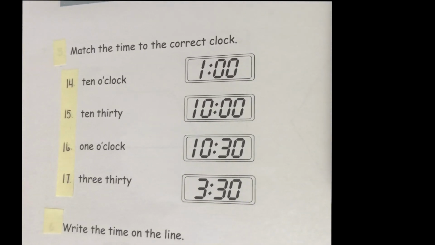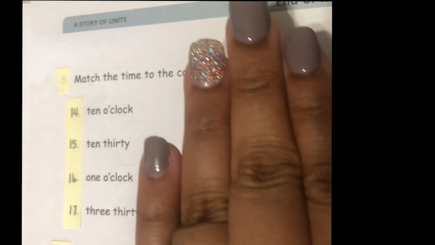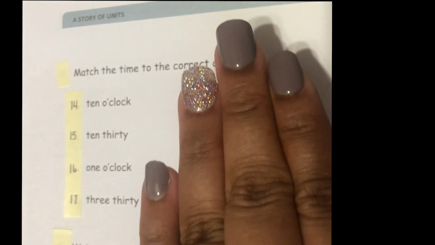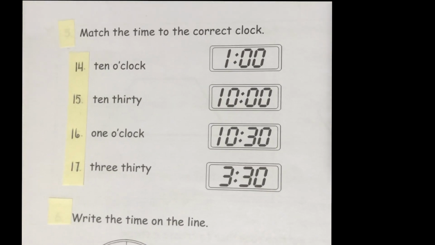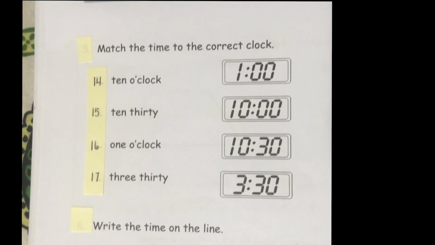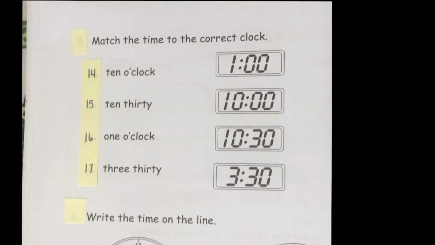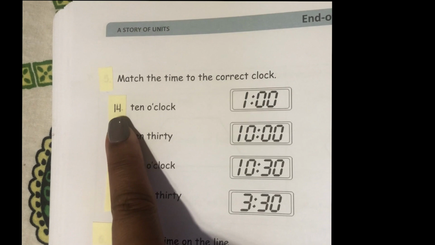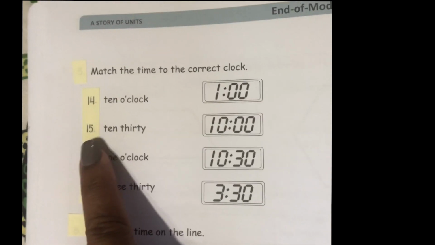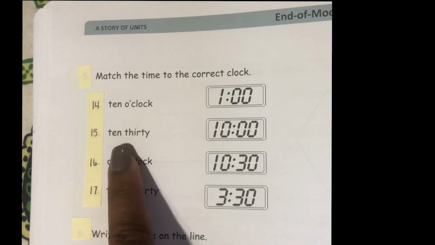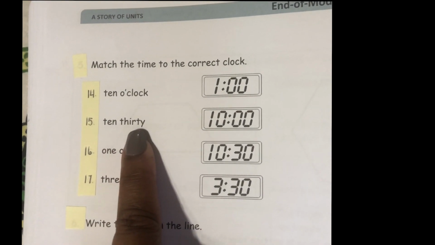Congo Nation, do not worry about copying down the digital clocks just yet. Your next step is going to be to write down 14, 15, 16, and 17. So next to 14, I want you to write 10 o'clock. Next to 15, write 10:30.